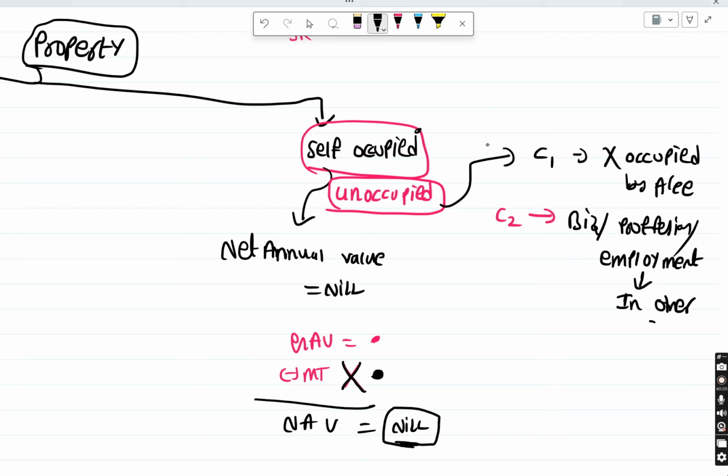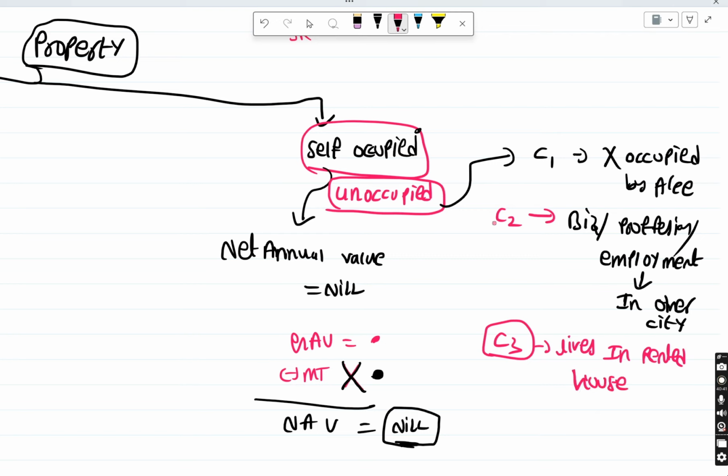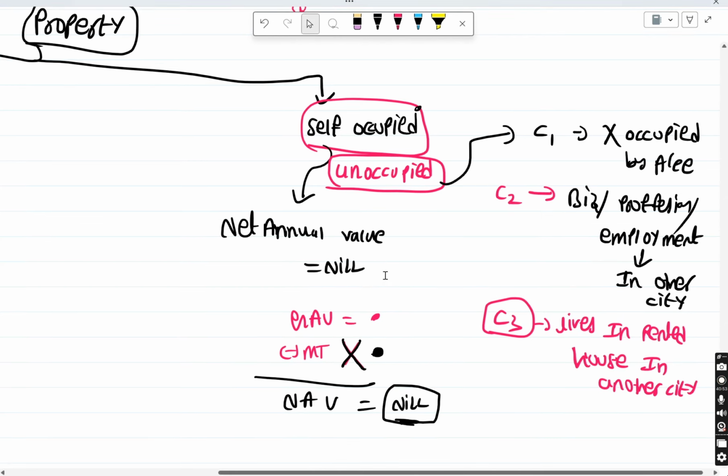In that other city you took a house, so obviously you are living in a rented house there. Don't take city in the literal sense; wherever you are, city or village, whatever it is. These are the reasons.